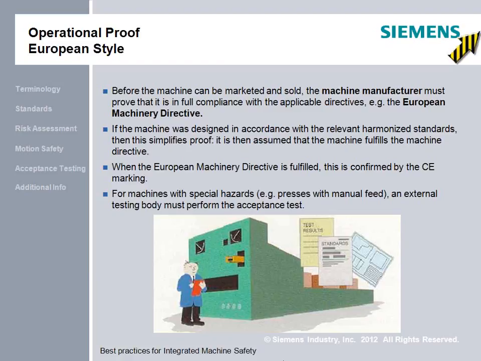The testing certification must be done by an external testing body that is resident or legally involved in the European Union. So the takeaway message here is that in not all cases can you do your own acceptance test and certifications if you are exporting into Europe.